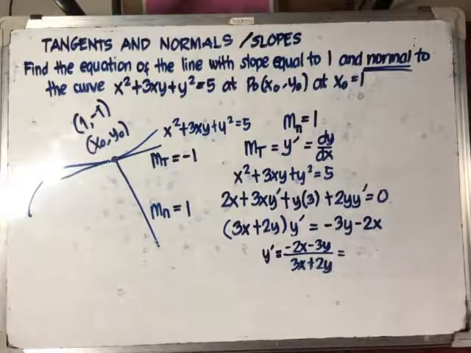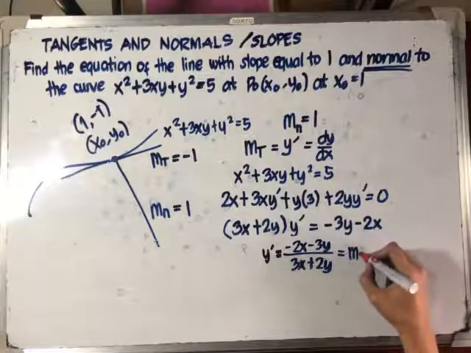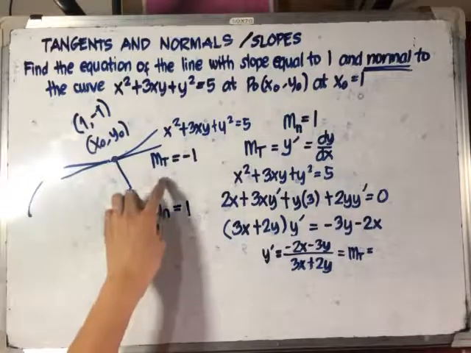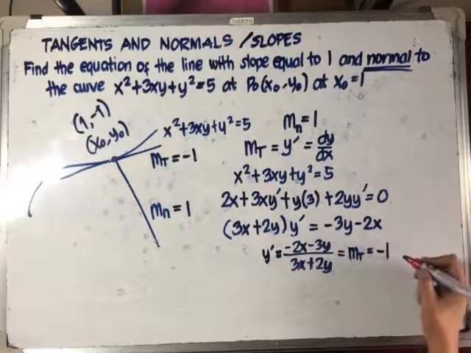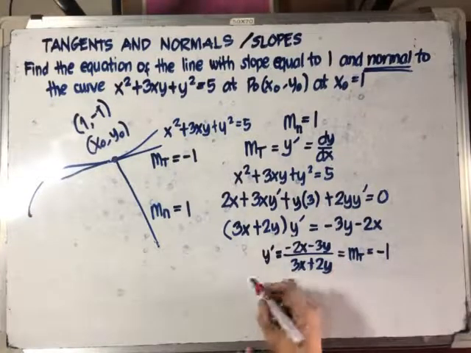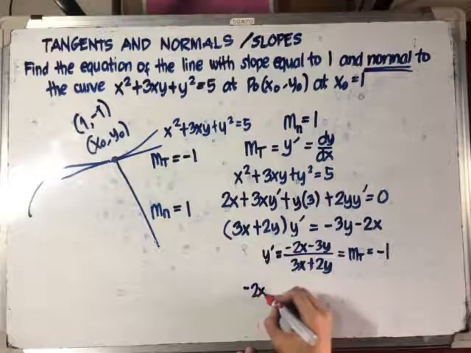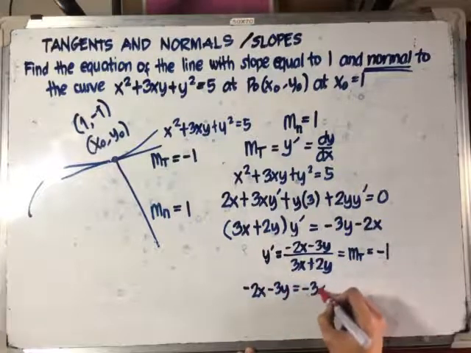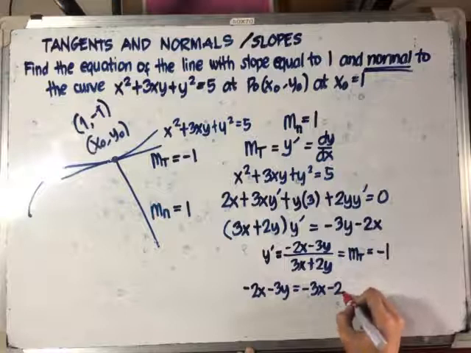And since this is the slope of the tangent, it should be equal to the slope of the tangent in our problem, which we already identified earlier as negative 1. Given that, we cross-multiply. That's negative 2x minus 3y is equal to negative 3x minus 2y.